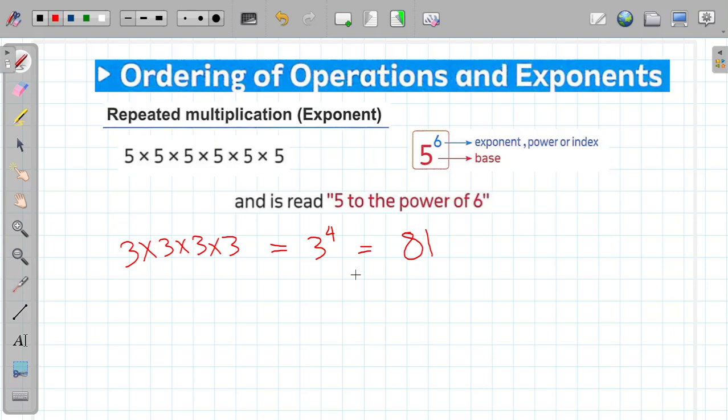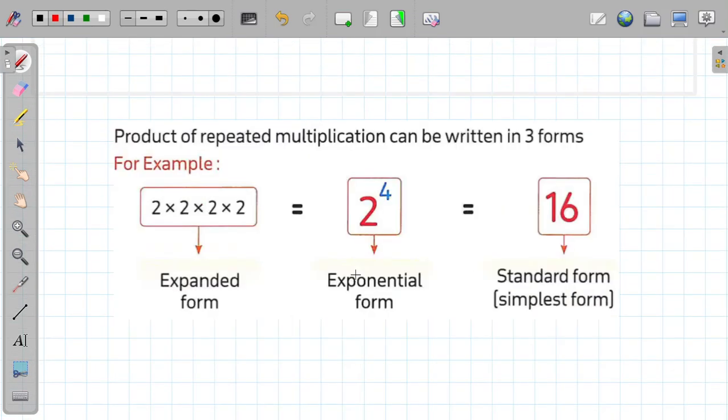Okay? So we can write the repeated multiplication in 3 forms. The first one is the expanded form, where we repeat the multiplication operations like you see right now. I have here 2 by 2 by 2 by 2. So we repeated the multiplication 4 times.